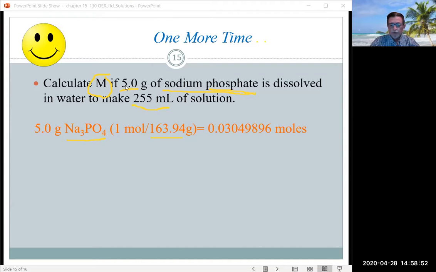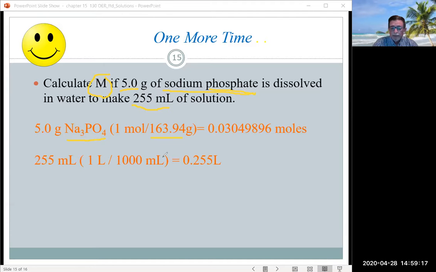If you notice, we started off with 5.0 grams, which is 2 sig figs, and 255 milliliters is 3 sig figs, so our answer should have no more than 2 sig figs at the end. Okay. Since we're given 255 milliliters of solution, we need to convert that to liters. And we have our conversion factor there.